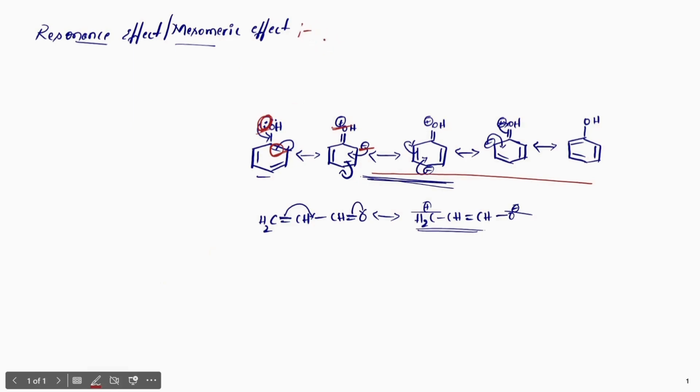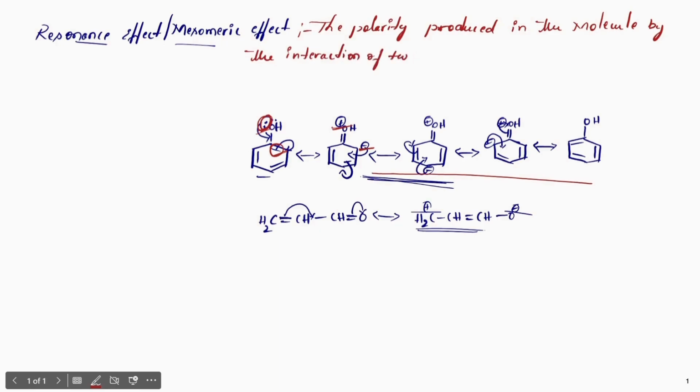It is defined as the polarity produced in the molecule by the interaction of 2 pi bonds, or between a pi bond and a lone pair of electrons present on the adjacent atom.